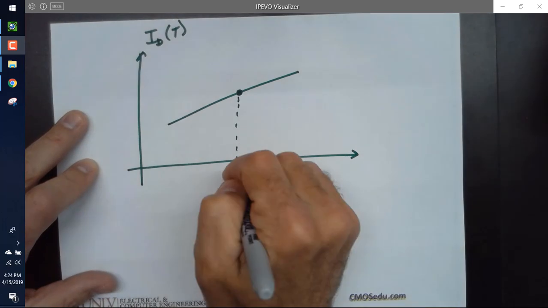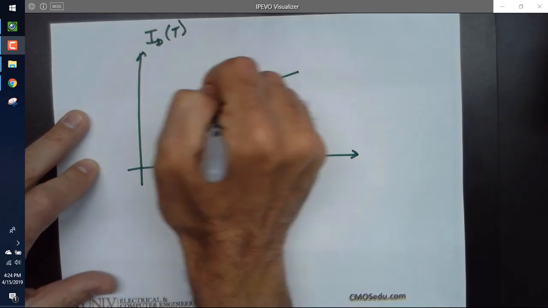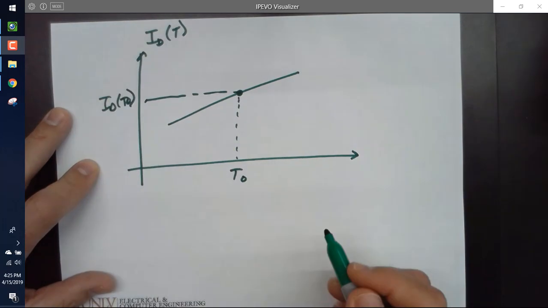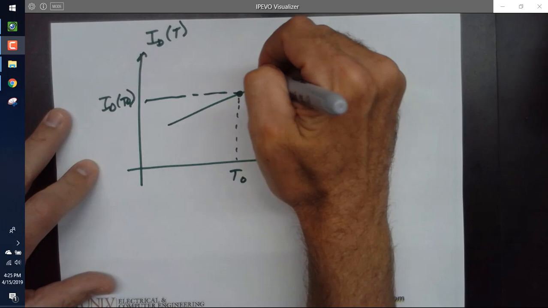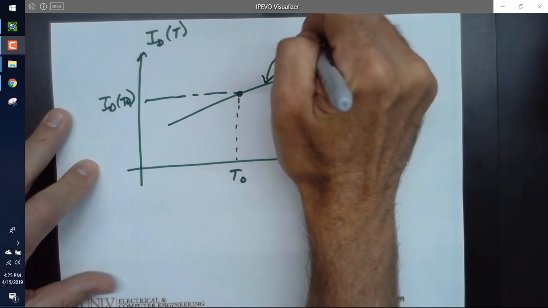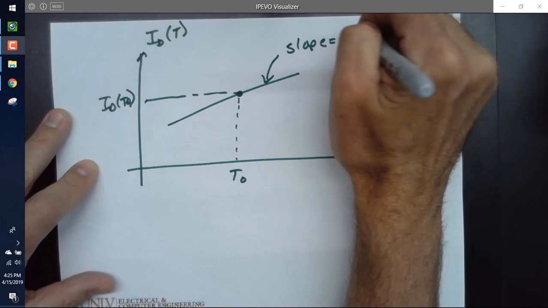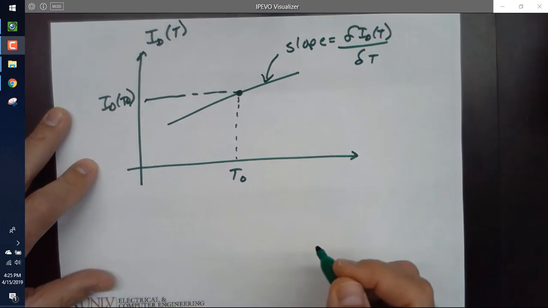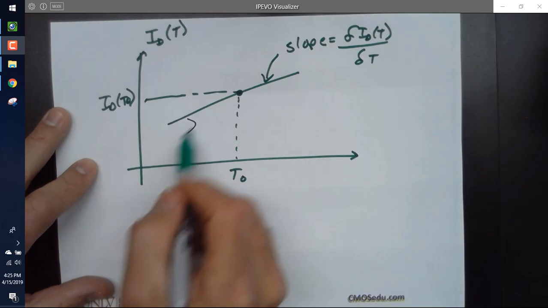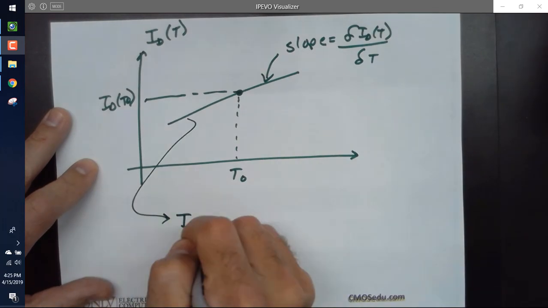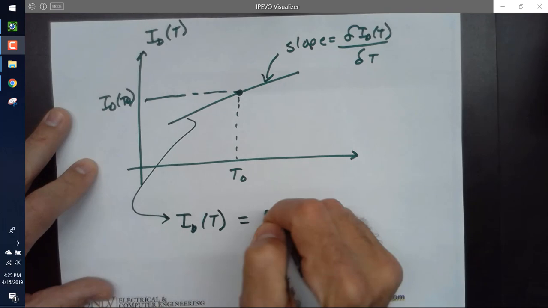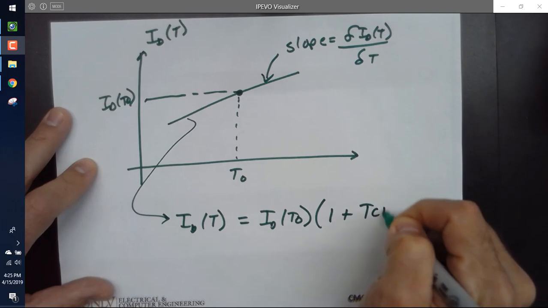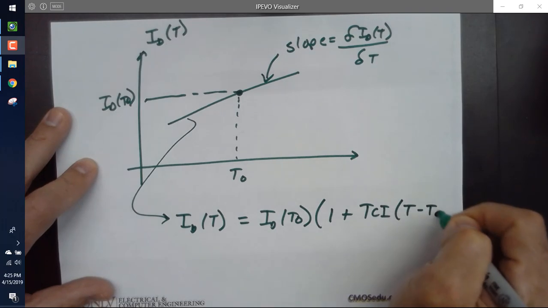I measure at some T0, I measure the current, and that's ID of T0. I then say the slope of this line is equal to del ID of T del T. I'm going to write an equation for this line as ID of T is equal to ID of T0 times 1 plus the temperature coefficient of the current times T minus T0.